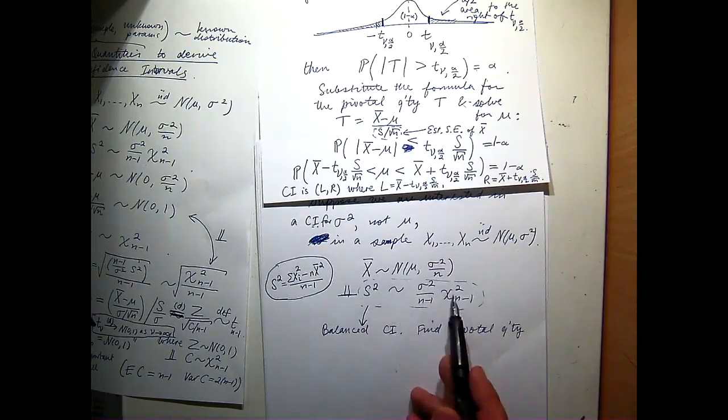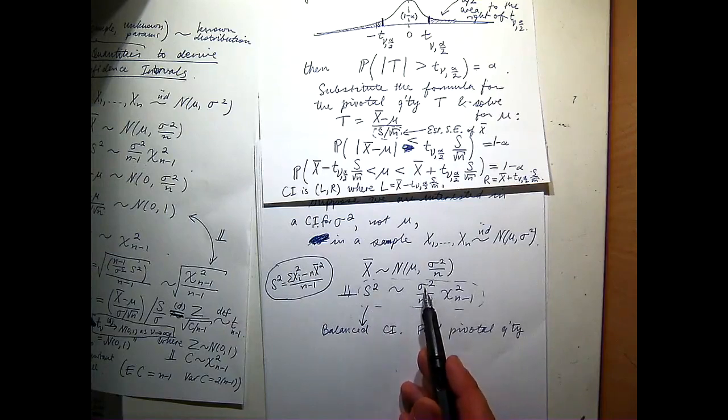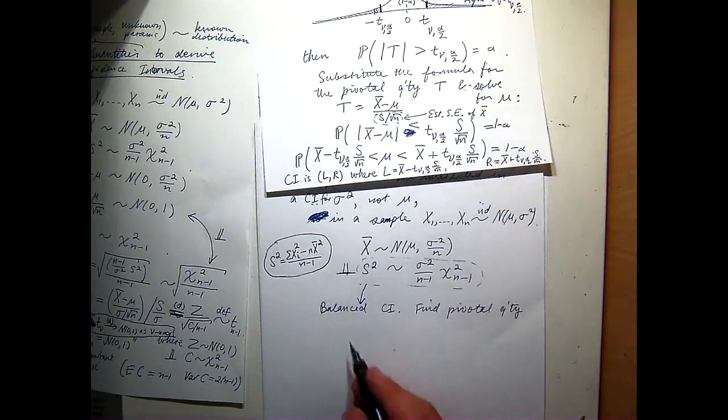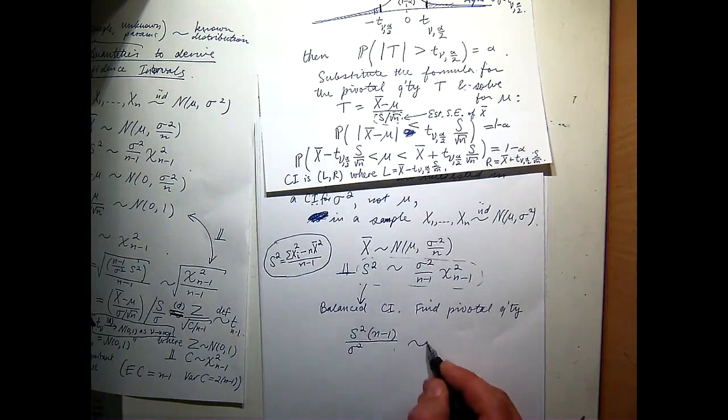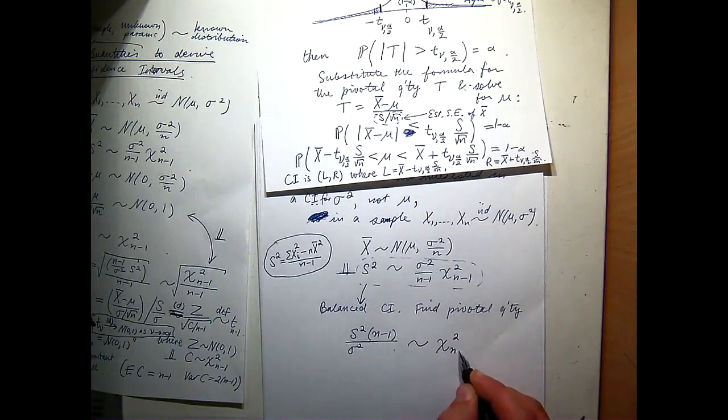We want the pivotal quantity to have a known distribution, so I better get rid of that. It would be enough to talk about s squared divided by sigma squared. That is a pivotal quantity already. Just to make my life easier, I'm going to do s squared times n minus 1 divided by sigma squared. That will make it exactly equal to the distribution chi squared n minus 1.